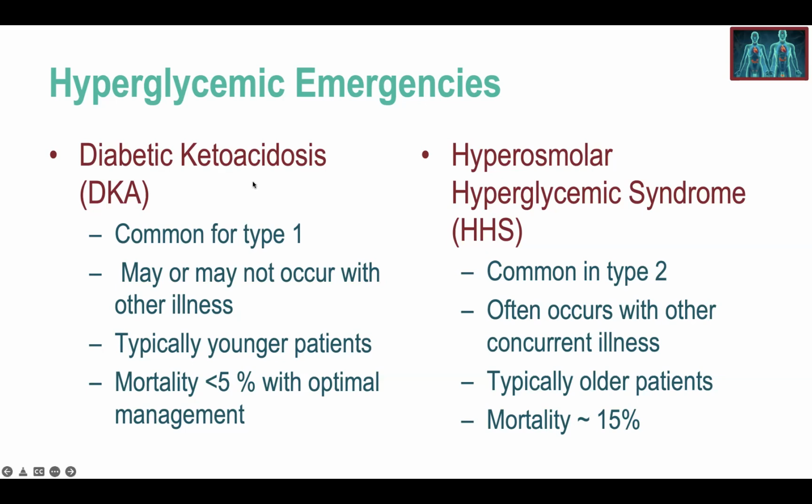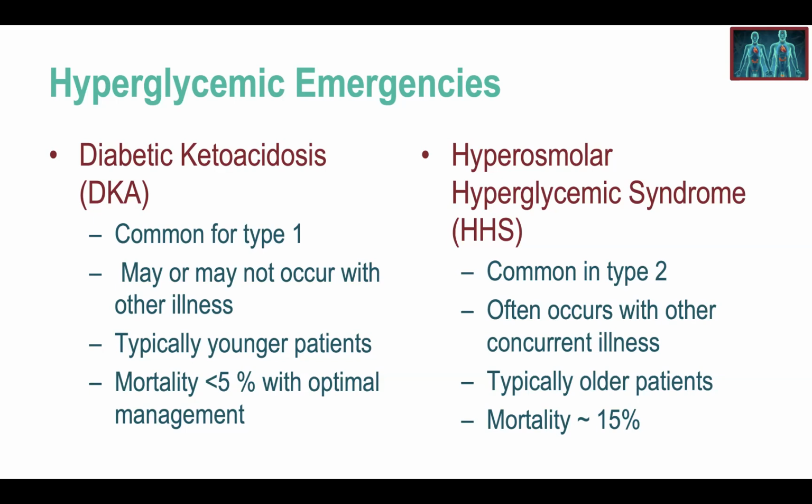With DKA, no matter where you work, no matter where you are in the world, the focus with DKA is the absence of ketosis. That is number 1. We are titrating insulin to obliterate proteolysis and lipolysis, which may mean that you get your patient's glucose down, but if they're still ketotic, you're going to make them have a higher glucose so you can continue to give insulin.